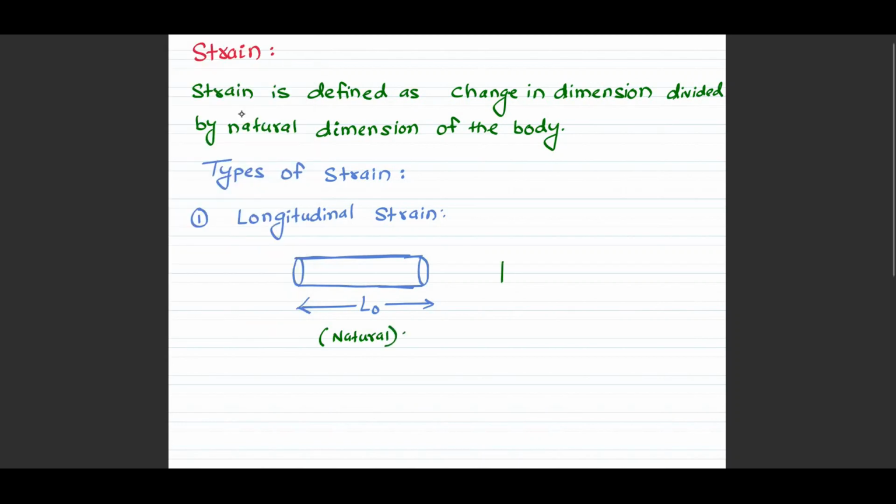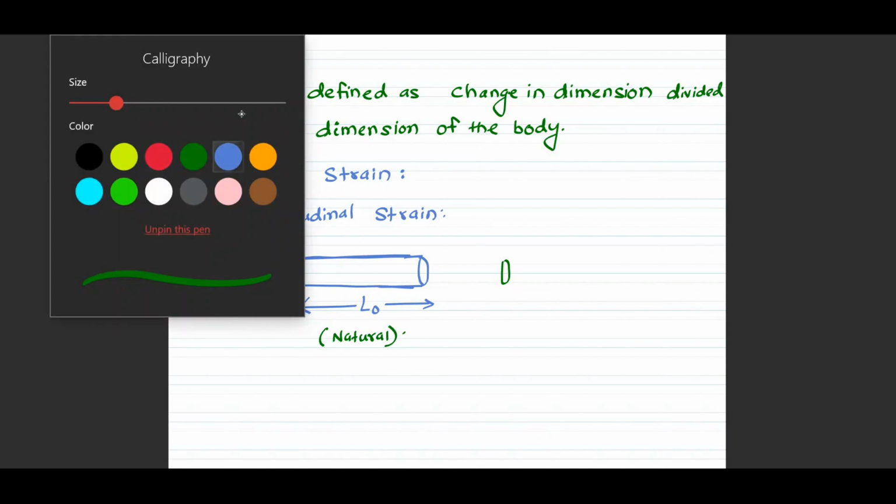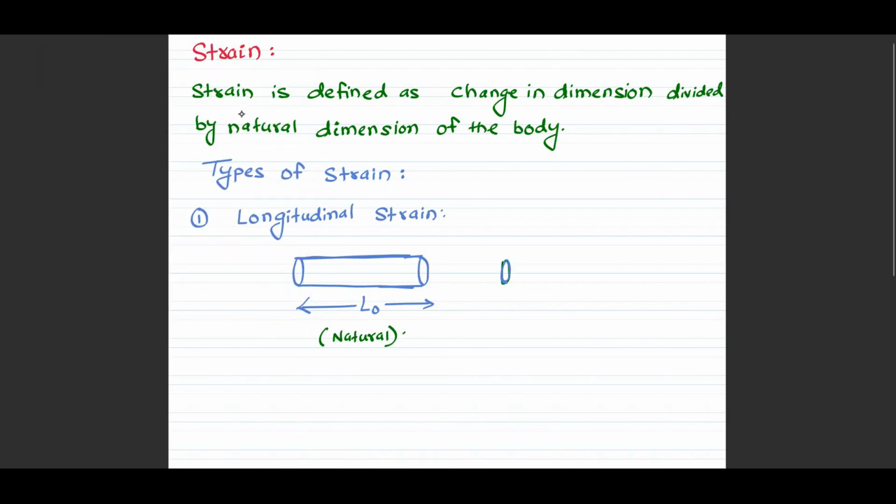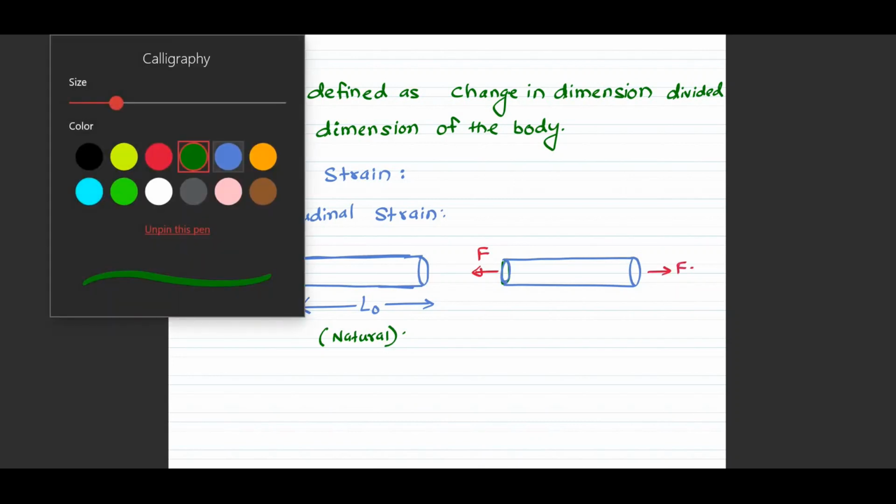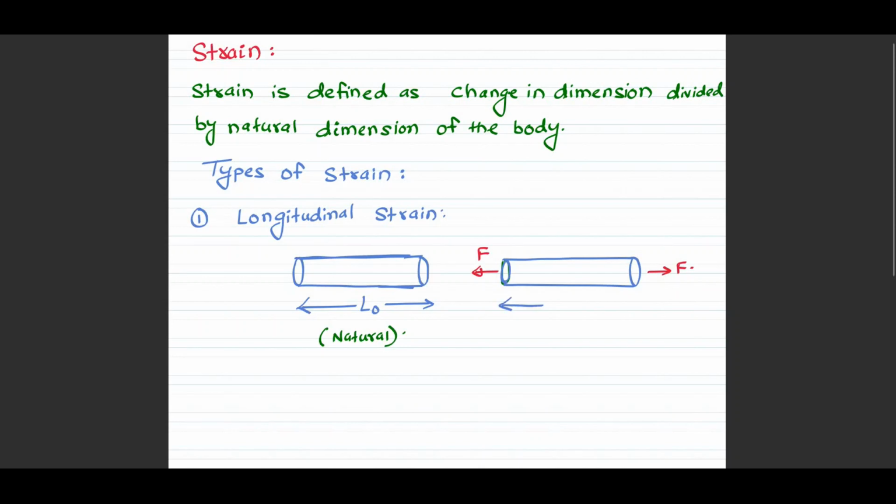When you apply forces on it, the situation will change. Say you are applying forces like F and F, and under the action it will then have final length as L0 plus delta L.